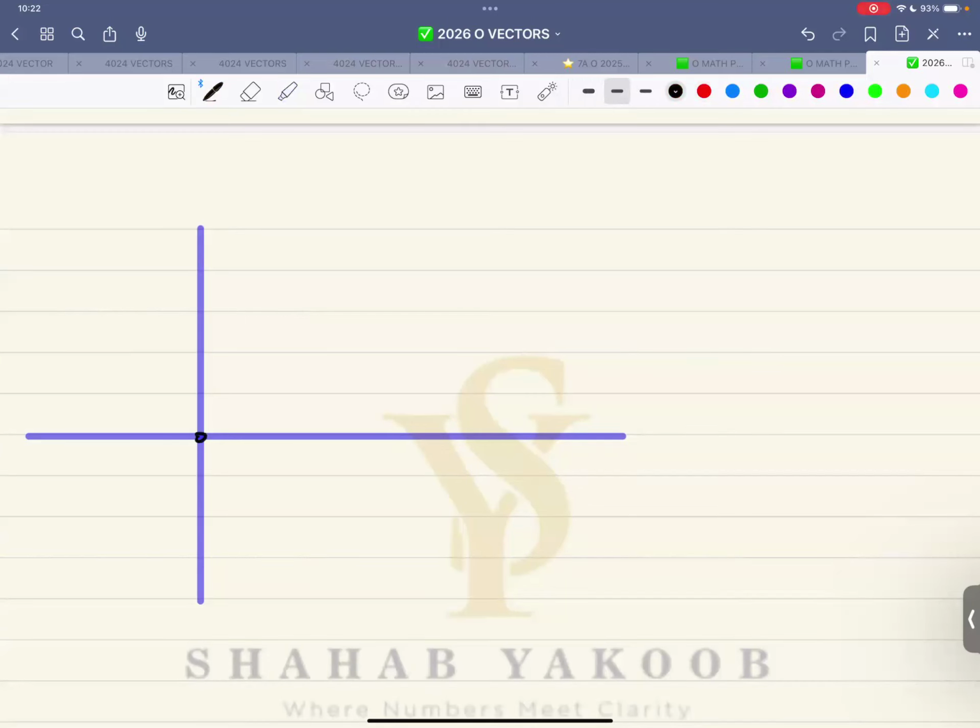Now if this is the origin O, this is the y-axis, this is the x-axis, and side by side we will also be emphasizing the concepts of coordinate geometry. Let's say this is a point Q. The coordinate of Q is x comma y. Now, if I join the origin to Q, this is known as a position vector.